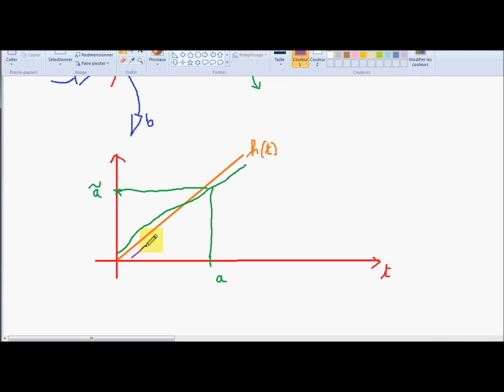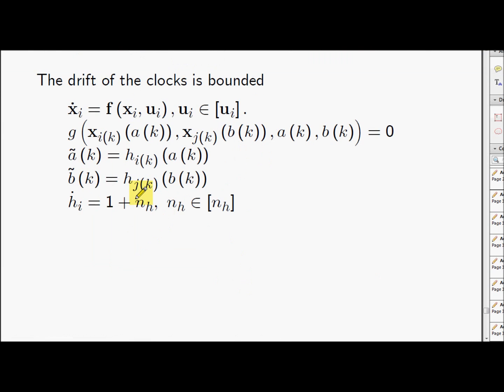It corresponds to the clock of the robot J, as here it was for A, and at time B, I will measure B tilde, as explained here. So I just say here that the derivative of the clock is almost equal to 1.